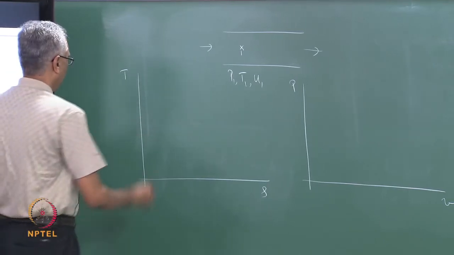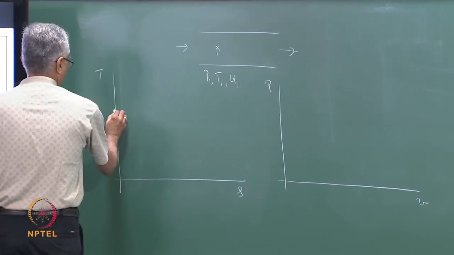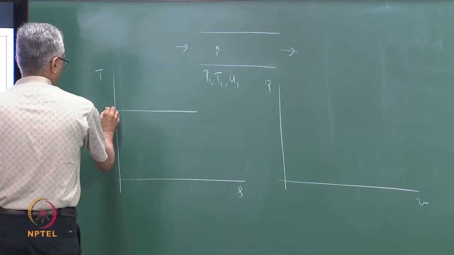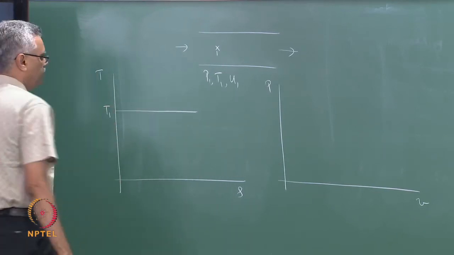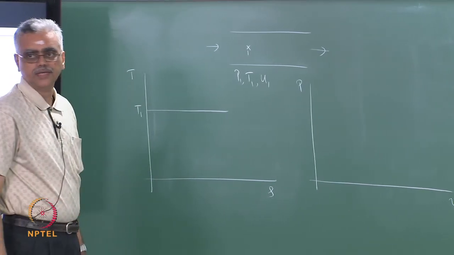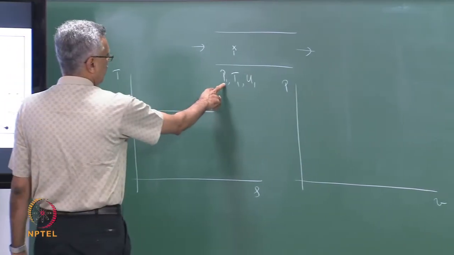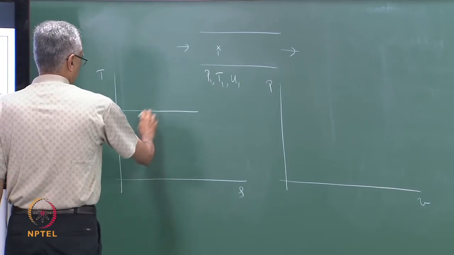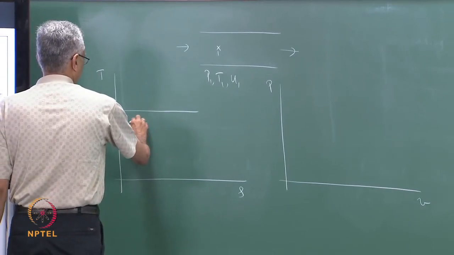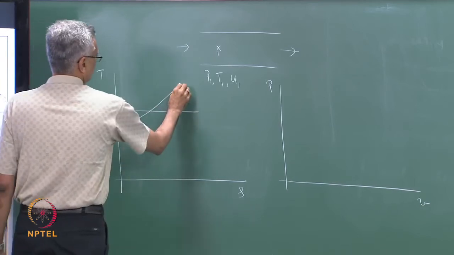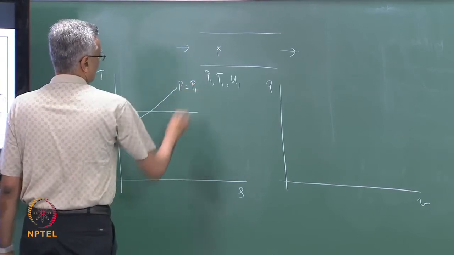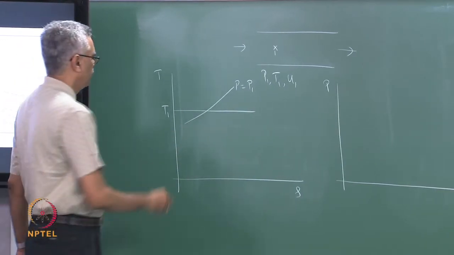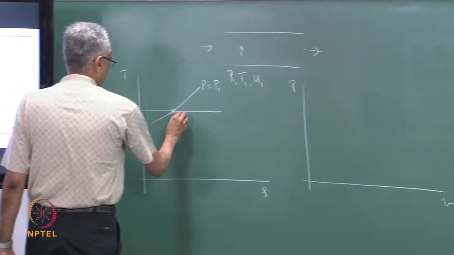I start by drawing the isotherm corresponding to T equal to T1, and then I draw the isobar corresponding to P equal to P1. We know what this isobar looks like, so I am just going to approximately sketch it like this. The state point lies at the point of intersection of these two. So this is state point 1.